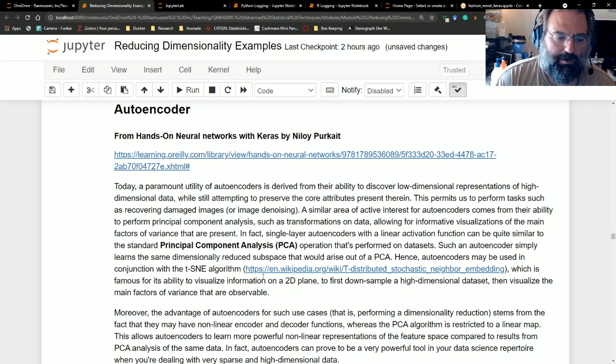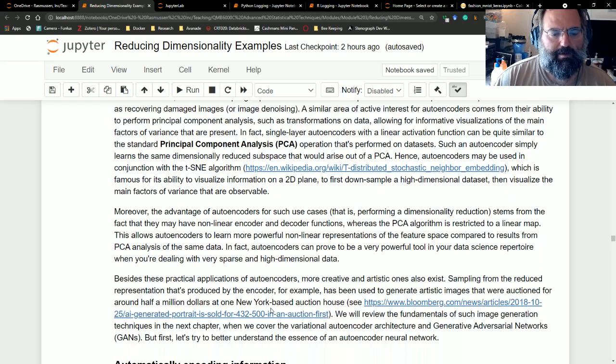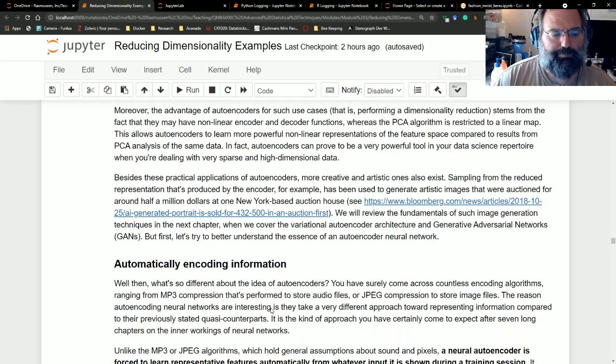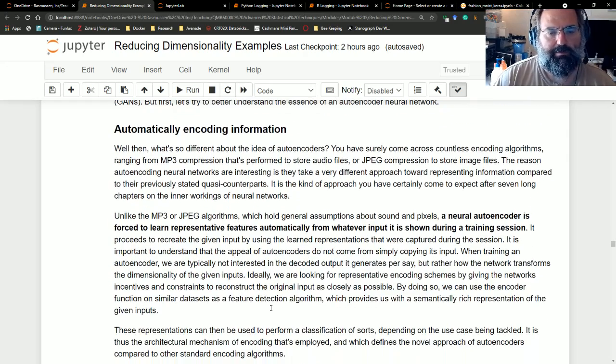But the problem is, because you're training it on data to figure out a way of reducing the dimensionality based upon that data, like all things that are trained, if it sees something it hasn't seen anything like before, it may not do very well, right? So that's part of the problem with it: it does really well on the things it does well with, but not so well with things that are different.